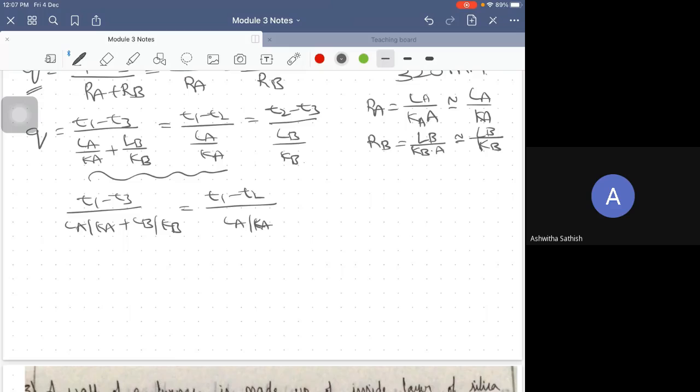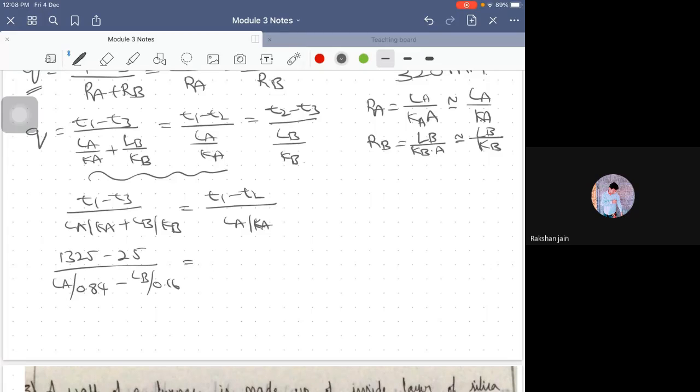So it is 1325 for T1 minus 25 for T3, divided by LA divided by KA, which is 0.84, plus LB divided by KB, which is 0.16.